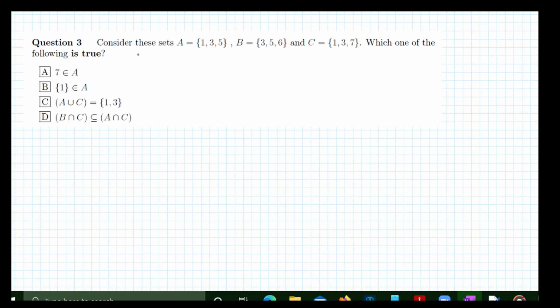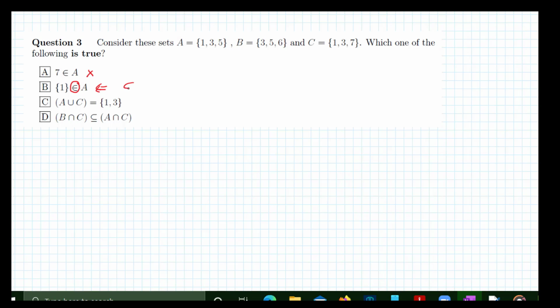In question 3, we consider 3 sets A, B, and C. Which one of the following is true? The first choice is obviously wrong, since 7 is not an element of A, which contains 1, 3, and 5. The second choice, it is true that 1 is an element of A, so the problem here is that we used the wrong operator, which is belong.